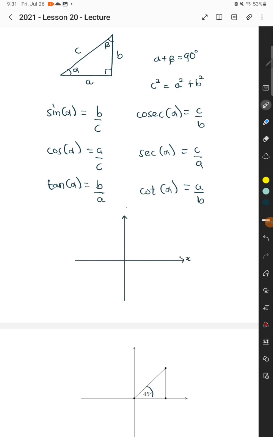So if we have our x and our y axis, our unit circle is going to be a circle with its center at this point, and the length of any line from the origin to any point on the circle is equal to 1.